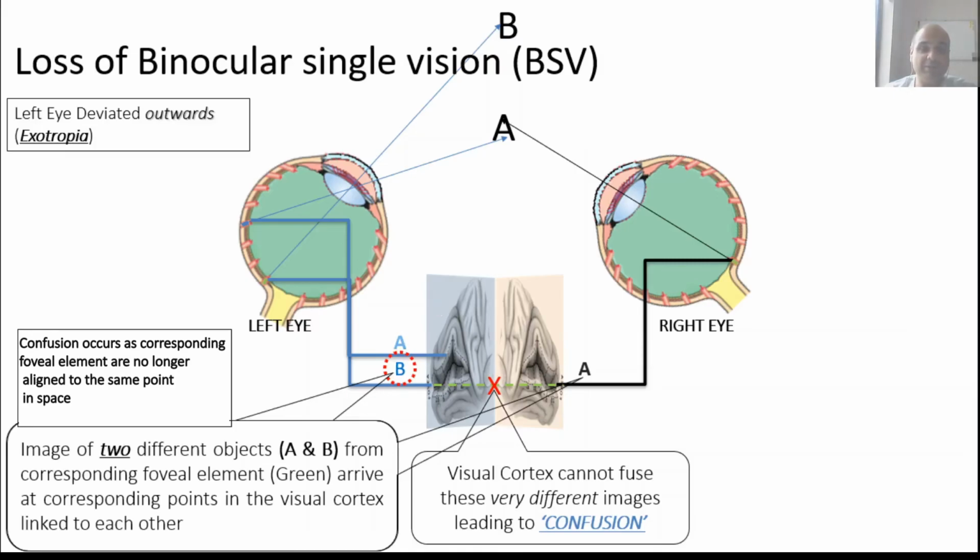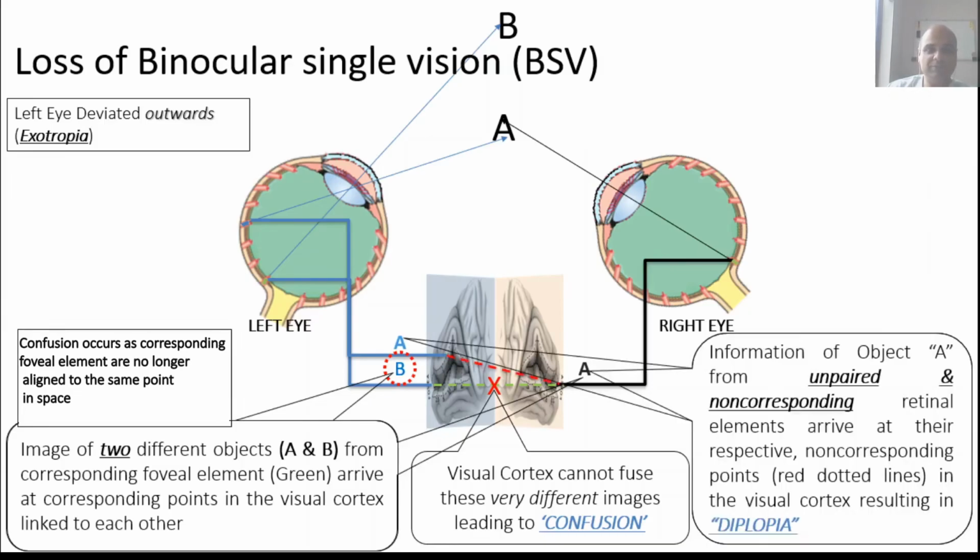but they are from different unpaired retinal elements, which are not paired to one another, and also to two different places within the visual cortex. And since there is no direct connection between these two places, because they're ending up at different points on the visual cortex, we will perceive them as two different objects.